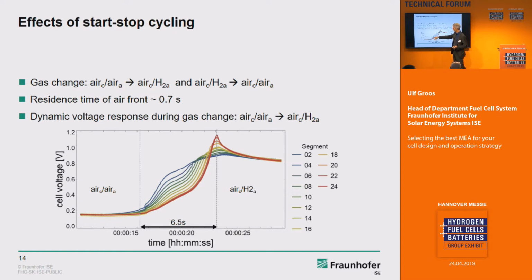What we can see is that the inlet segment of course sees the hydrogen first, so the voltage rises first, but what's interesting is to look at the outlet segment where we have this overshoot. Okay, another example for experiments that you can perform with this along-the-channel test cell.